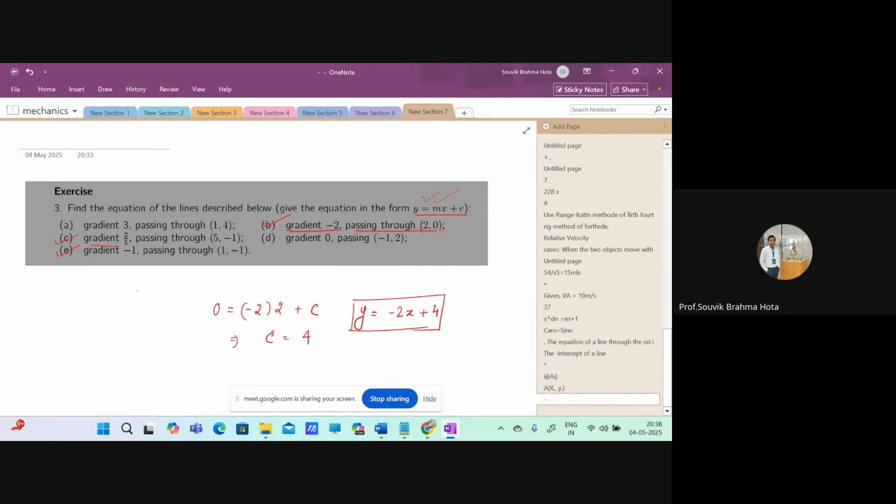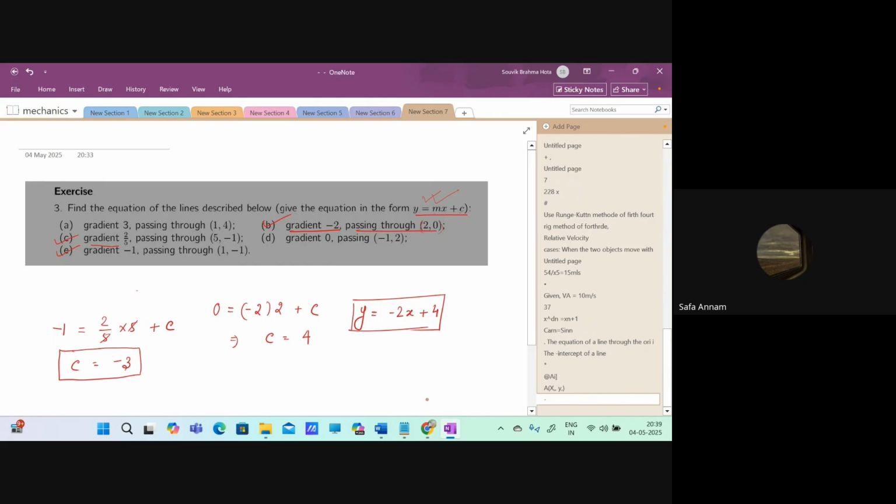But see, minus 1 is equal to 2 by 5 into 5 plus c. So this becomes 2. So c is actually minus 3, isn't it? Yes or no? Tell me.